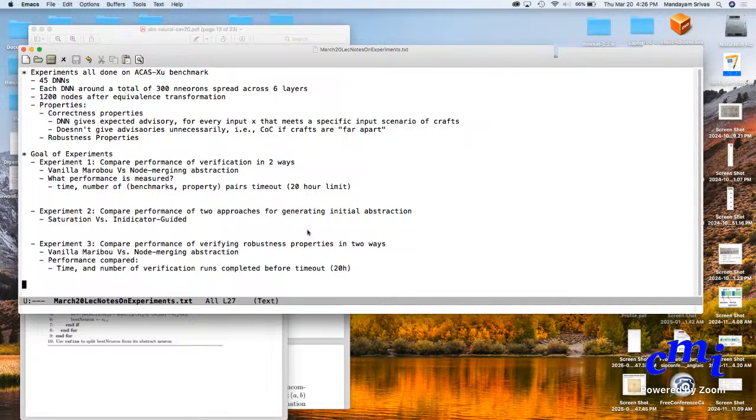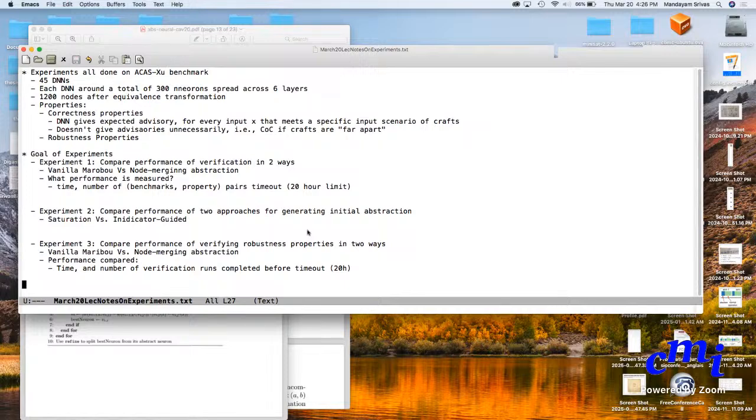In the Reluplex case, I showed you a colored graph of the expected advisories for different input scenarios. The other class of correctness properties was that it doesn't give unnecessary advisories. That is, if the aircraft were far apart with no chance of collision, then it would give COC, which is clear of conflict, kind of an advisory.